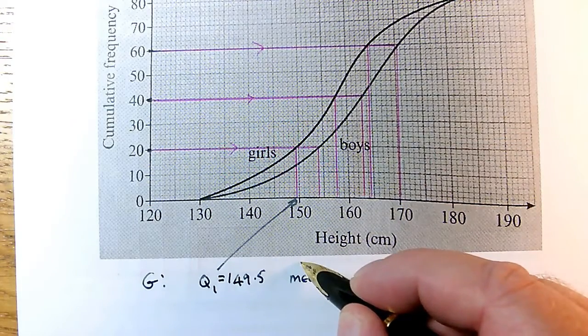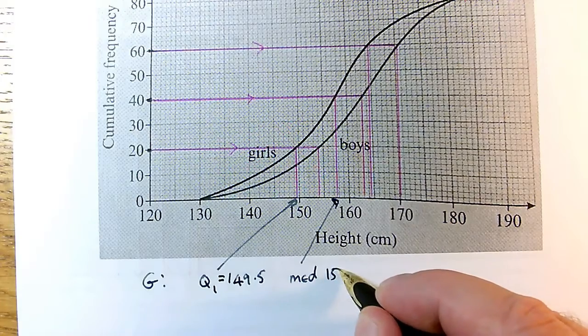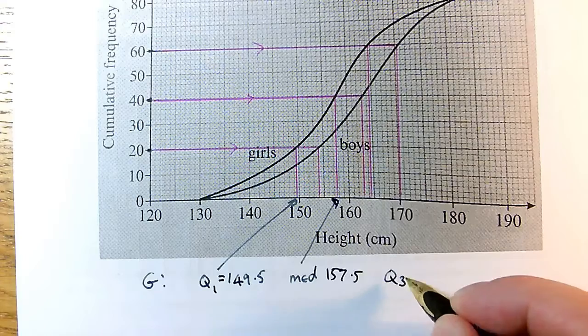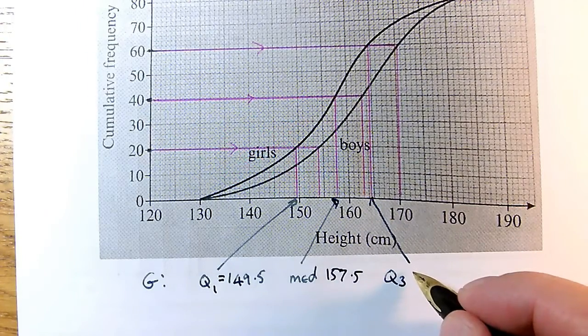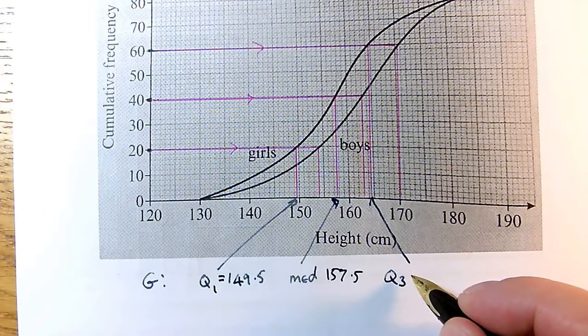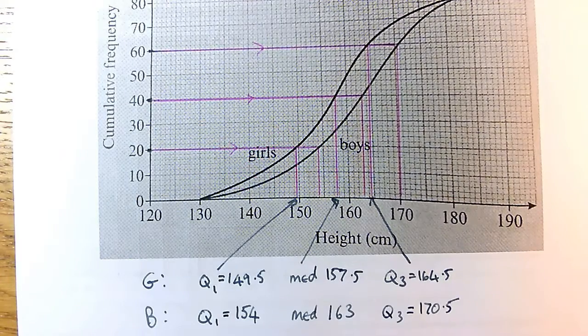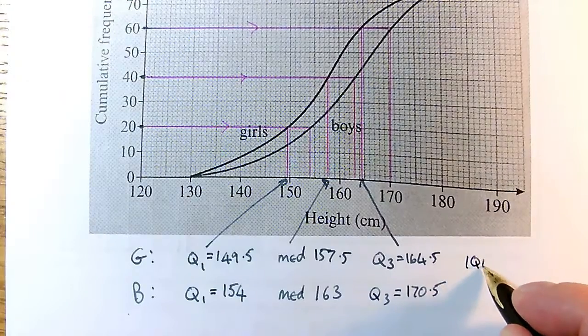So the median for the girls is going to be this value here, which is 157.5, and our Q3 is going to be this value here, which is 164.5. I've got my corresponding values for my boys, and I can work out the interquartile range each time.